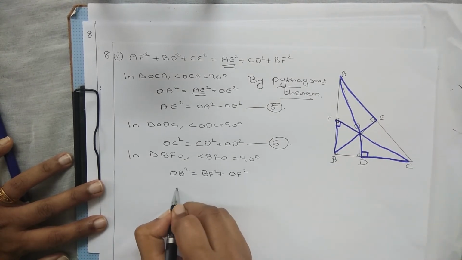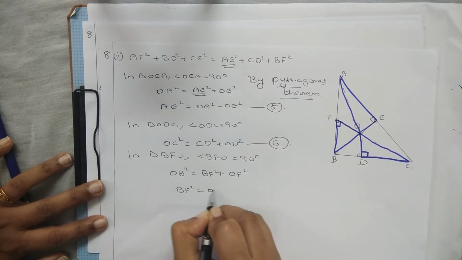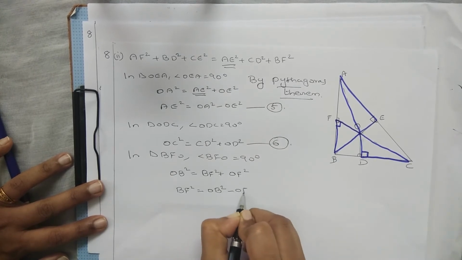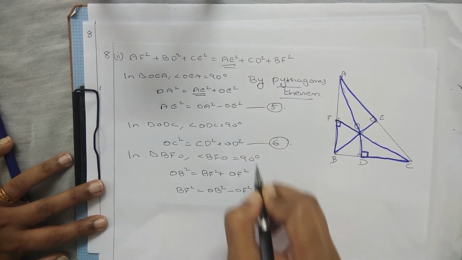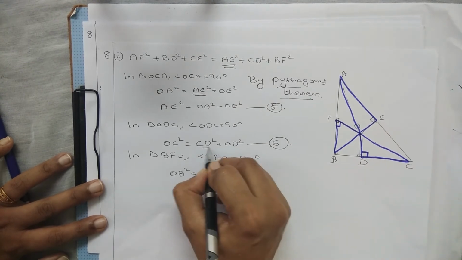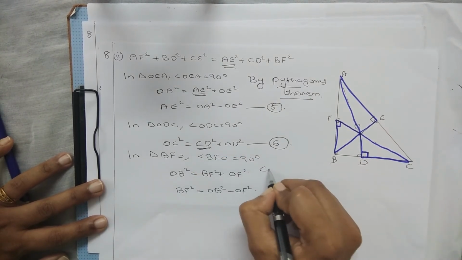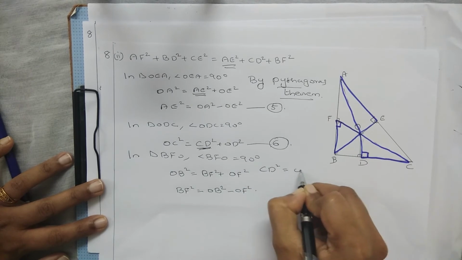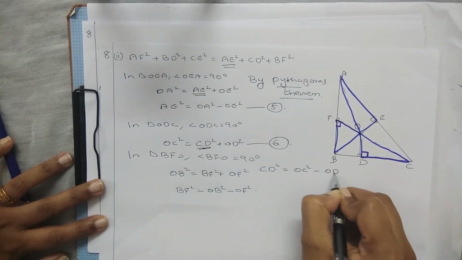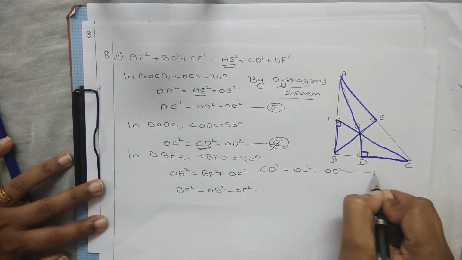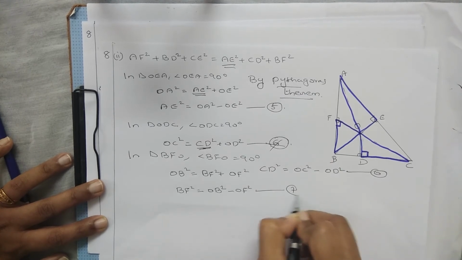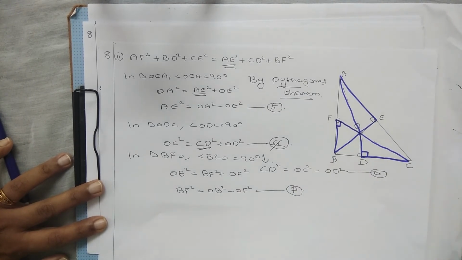But we need to get here BF square, that means OB square minus OF square. So here you have to prove that CD square you have to get it, right? So I am writing here CD square is equal to OC square minus OD square. This one you prove it as 6th equation and this is 7th equation. Here from here I have written.